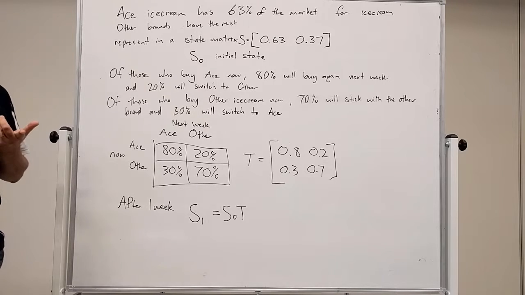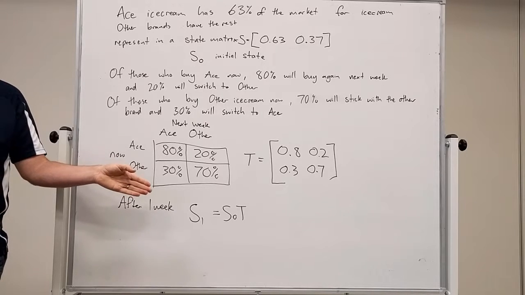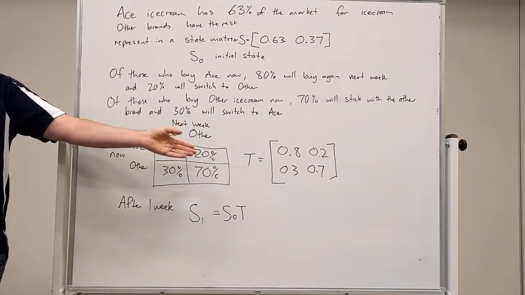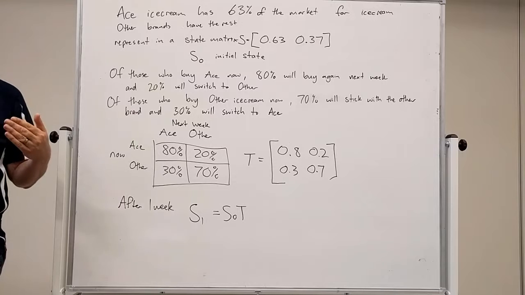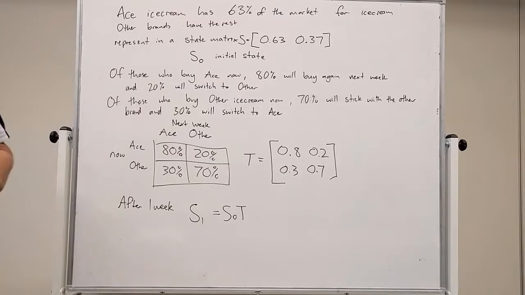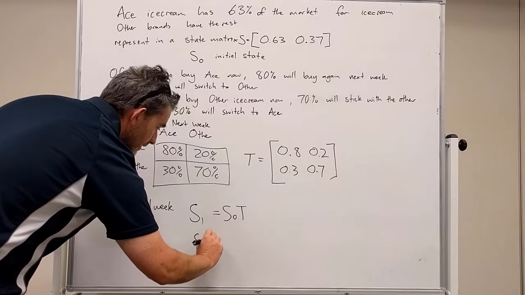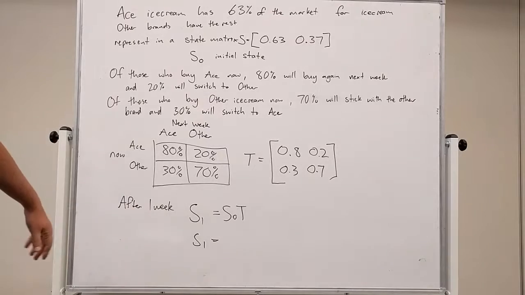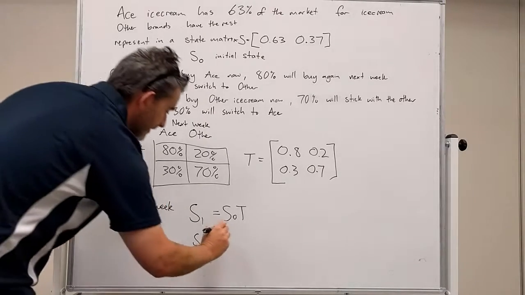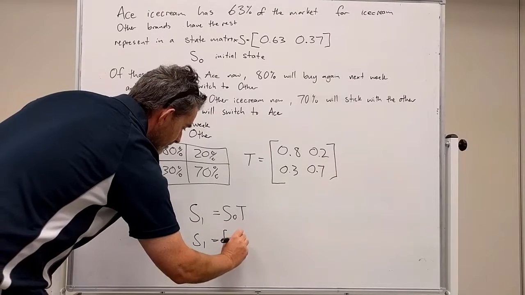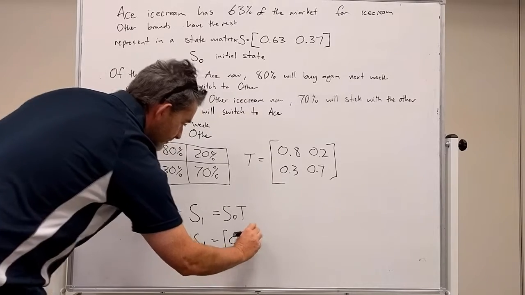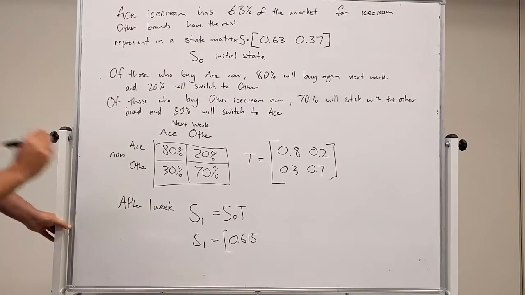You put matrix A will be your state matrix, just a simple 1x2 matrix. Matrix B will be the transition matrix that you've worked out, and then you can times them together and it tells you what they'll be in the next week. And I've got it from here that S1 equals 0.615 and 0.385.